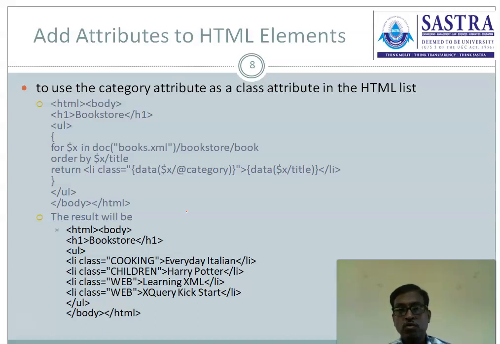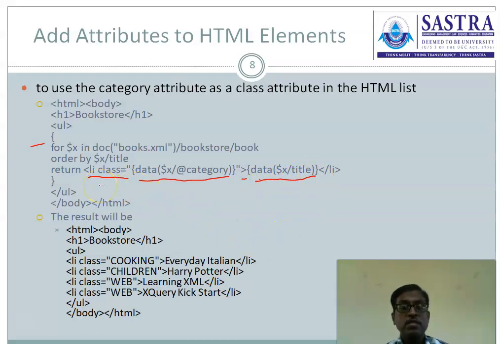If you want to include that kind of class attribute in the HTML document, you can include it: li class equal to category, within double quotes the data will be displayed, and then the closing tag, and then the value for the title is displayed here.